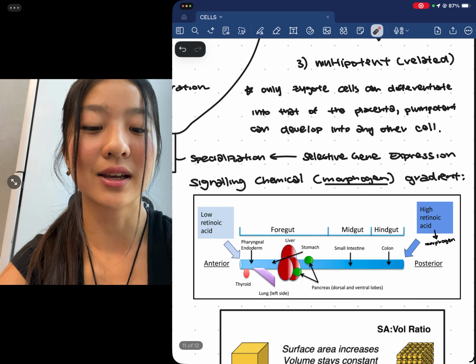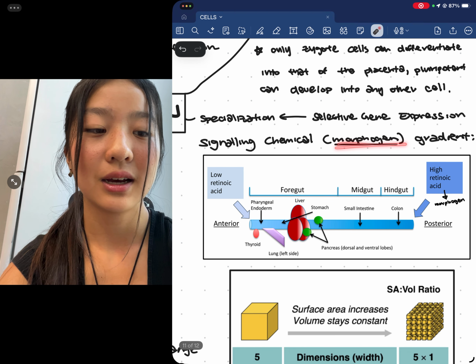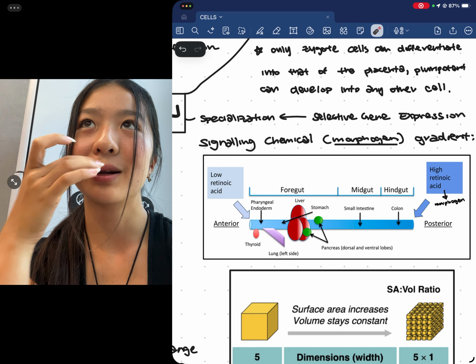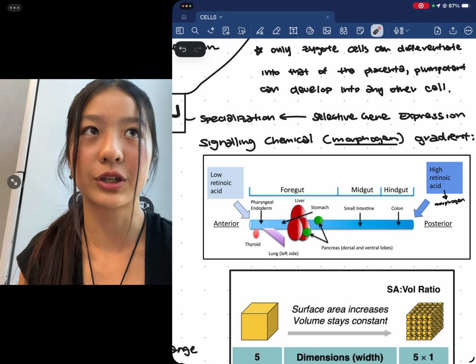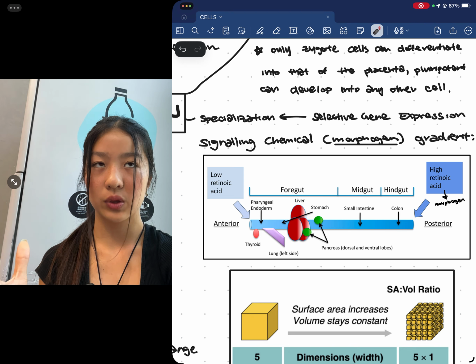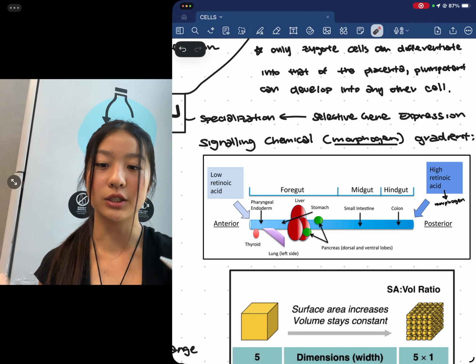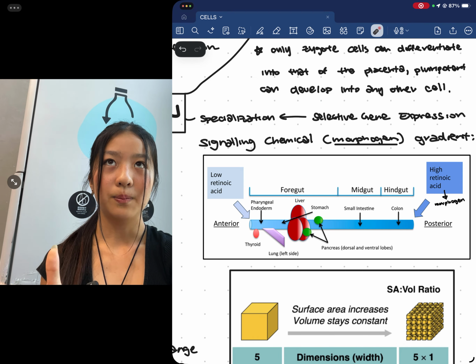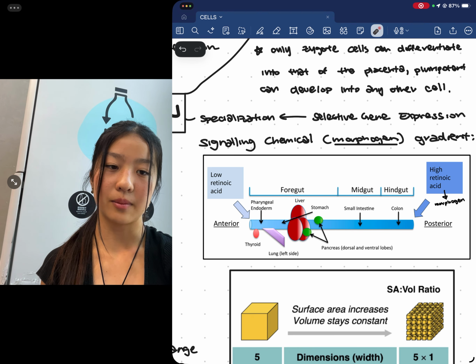Then we have signaling chemicals, also known as morphogens. These are really cool because when a baby is in utero, you actually don't know which end of the body will develop into which organs without the release of signaling chemicals.